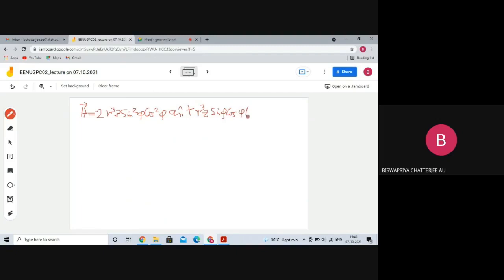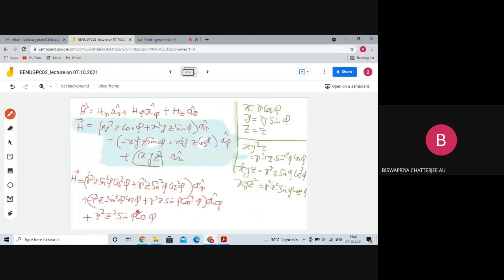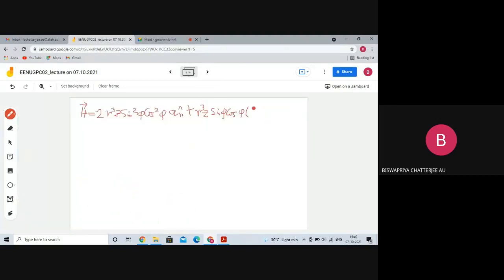Then it should be cos square phi minus sine square phi, and you know cos square phi minus sine square phi is cos 2 phi.